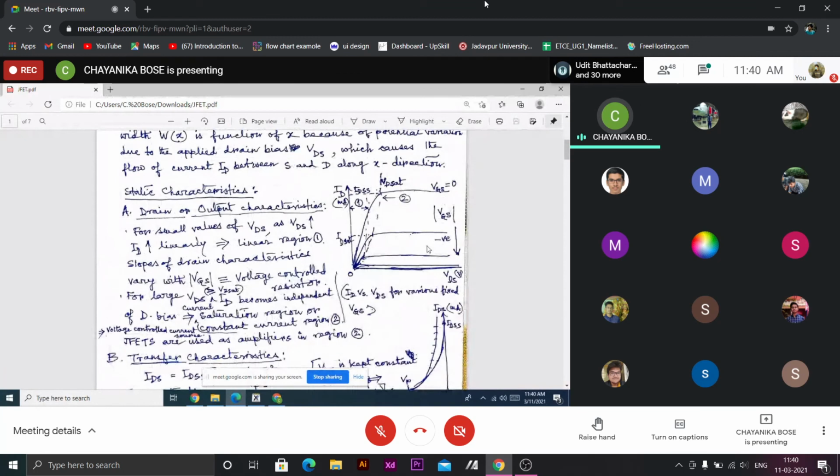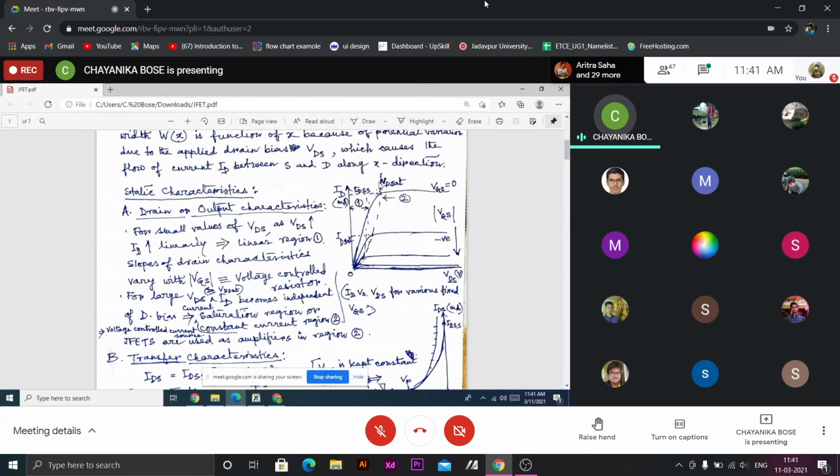So this is the drain characteristic or output characteristic. So here the variation of ID with drain to source voltage. When VGS is 0, the entire channel is open for conduction, so we will get the largest current. There is a linear region, then a sublinear region where it bends, and beyond that the current remains independent of the drain voltage for VGS equal to 0.